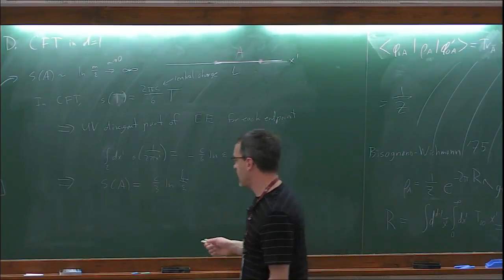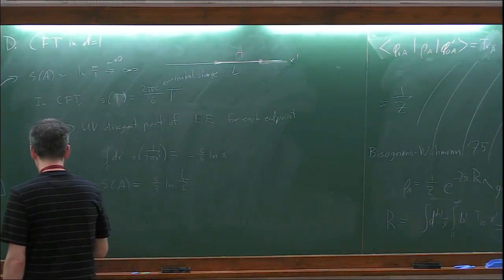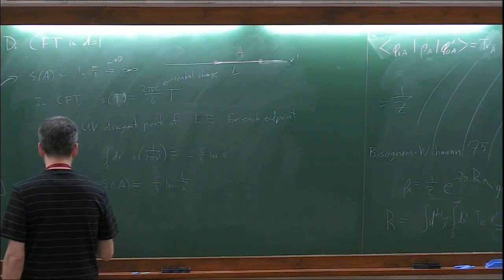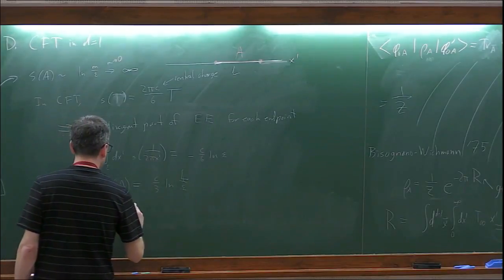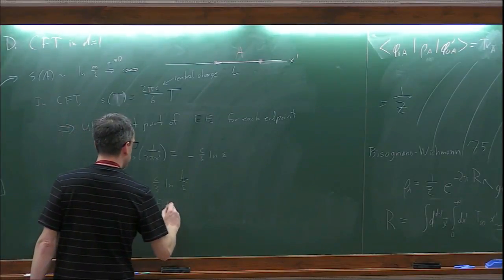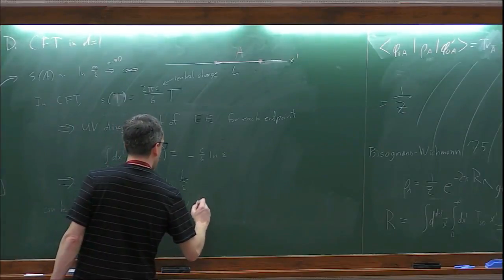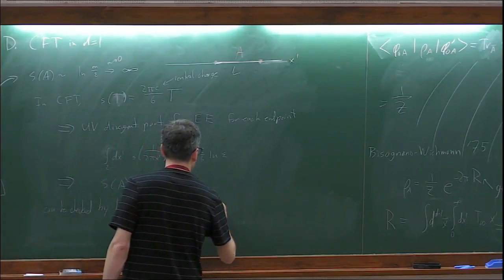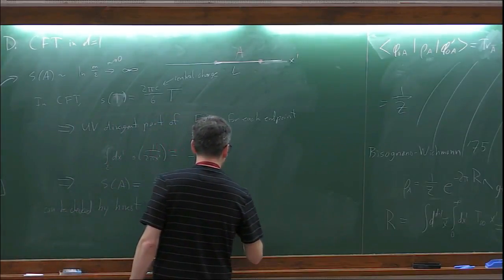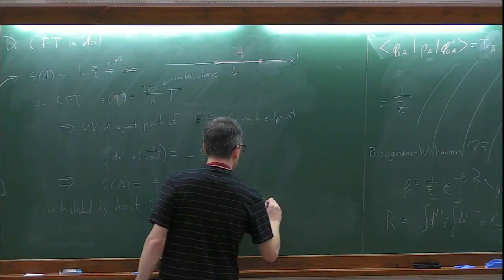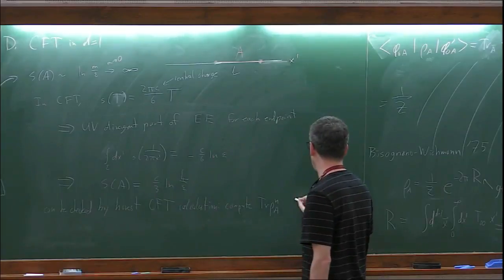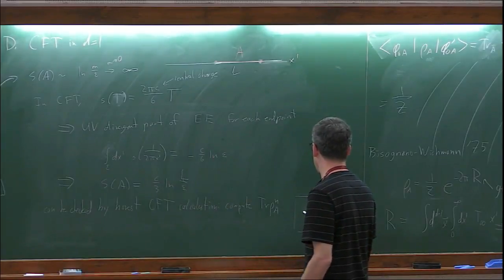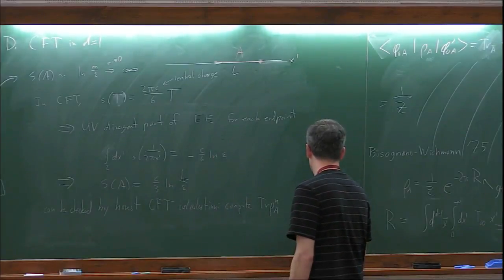And this, if you don't trust this, which you shouldn't, can be checked by an honest CFT calculation, which goes like this. You again go to Euclidean space, you compute trace rho A to the n. Rho A looks like this for my interval.